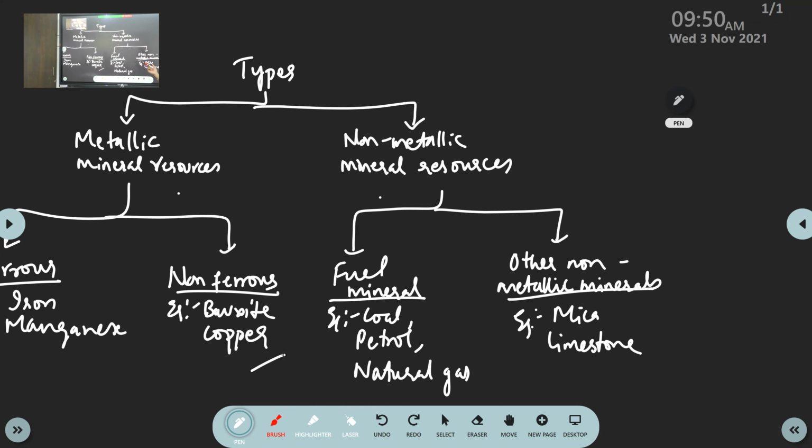Non-metallic resources have two parts: fuel minerals and other non-metallic minerals. Fuel minerals are organic in origin, like coal, petrol and natural gas, which we use to drive our vehicles and economy. Other non-metallic minerals are mica and limestone.